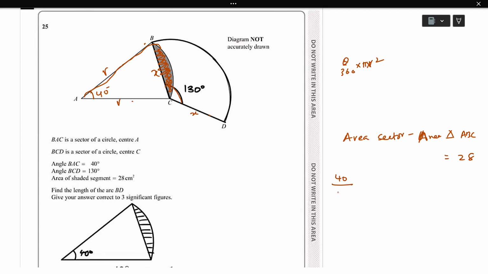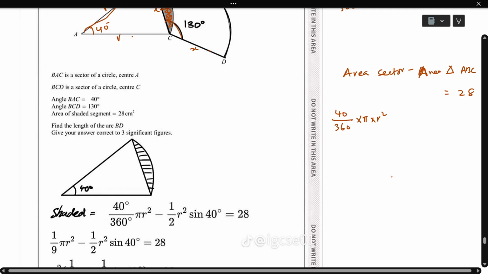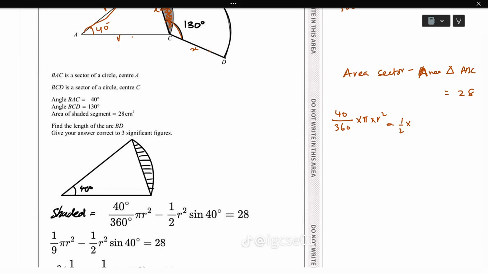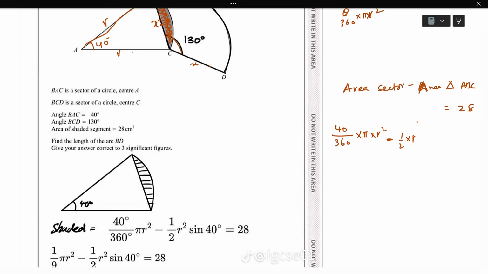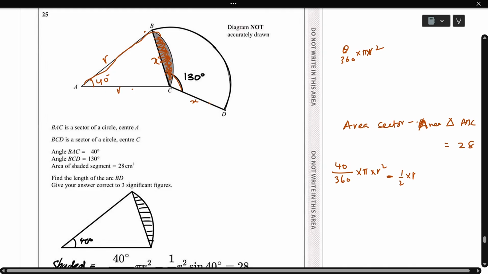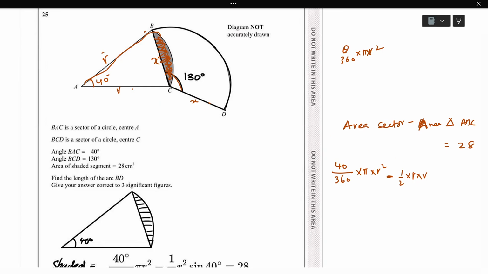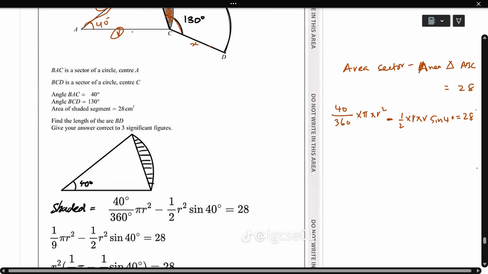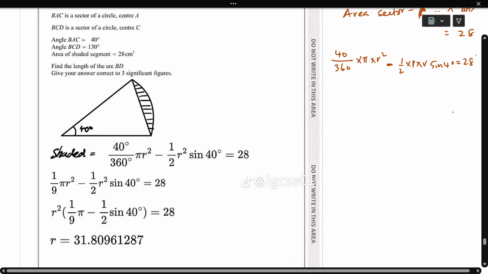So 40 by 360 into pi into r square, minus area of the triangle, which is half into radius into radius into sine 40, half into this side and this side into sine 40, equal to 28. So the same thing is written here.